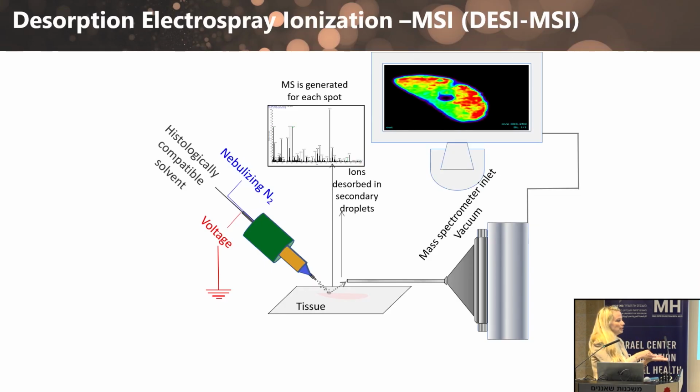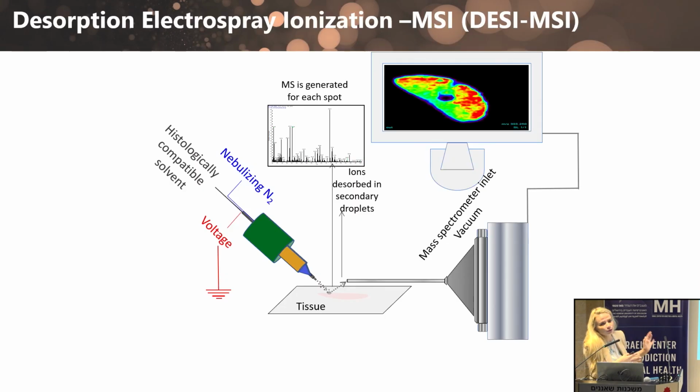Then you move your tissue in 2D in a very controlled manner, and from each and every spot on the tissue you will get a mass spectrum, and each and every such peak, its intensity in 2D, can be translated to a heat map.